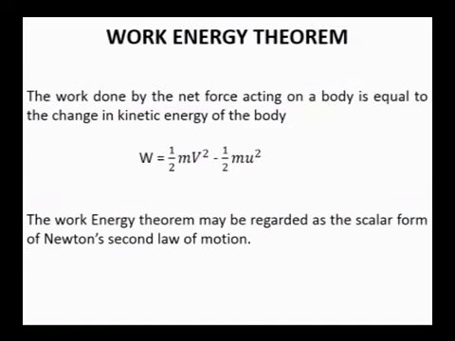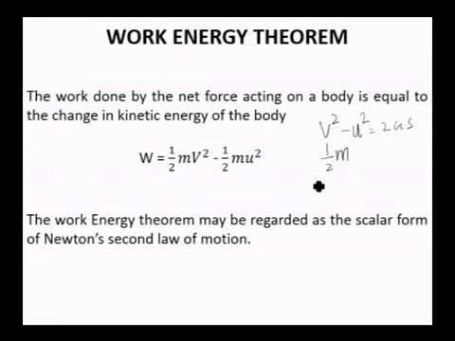So this is very important, the work energy theorem. The work done by the net force acting on a body is equal to the change in kinetic energy of the body. When the body is moving, we can use the equations of motion, which is v square minus u square is equal to 2as, or v square is equal to u square plus 2as. Now, to get the kinetic energy form, let us multiply this equation by half m.